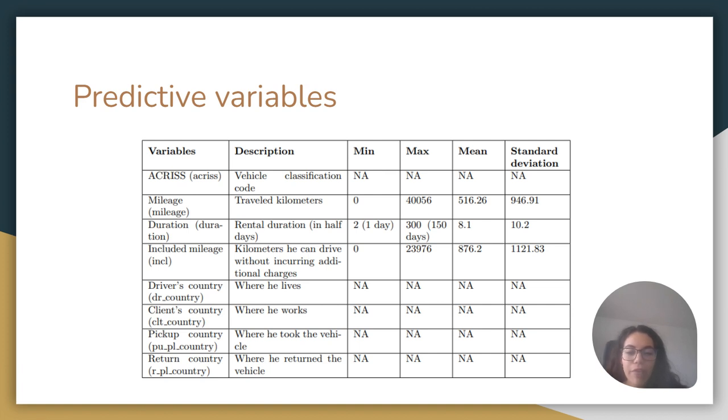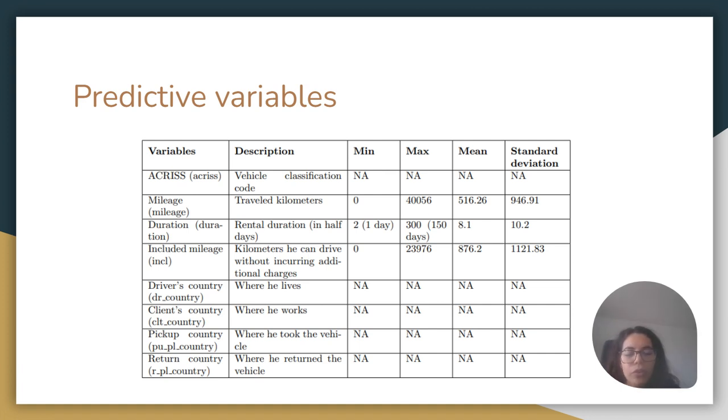So we have the ICRIS code. I don't know if you are familiar with the term, but the ICRIS code is a code of 4 letters. Each letter refers to the category of the vehicle, its type, the fuel type, and whether it's automatic or manual. So it identifies the vehicle, and it's a universal coding.